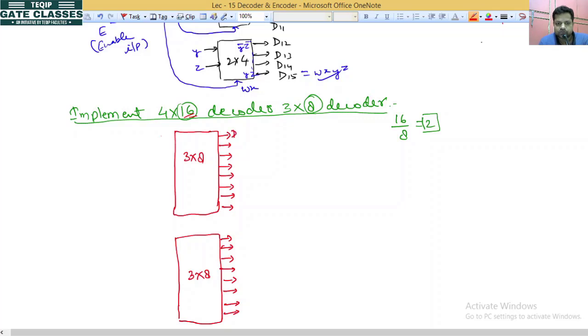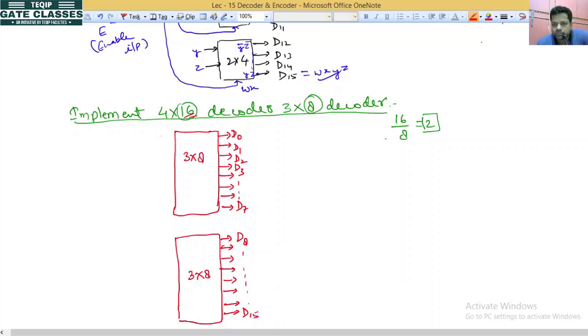So what does it generate? D0, D1, D2, D3. Similarly it will be D7. This is D8. Last one is D15. It will generate like this.